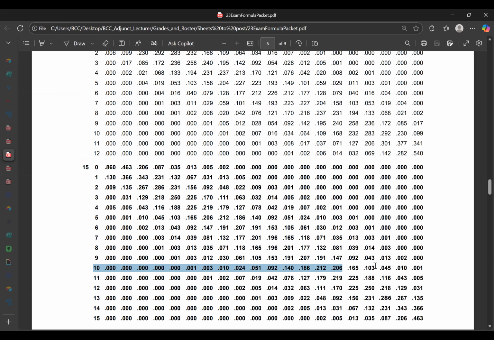Table 2, and you go to 10, because that's what's given in the question. That's what they want to know. Across to 75 equals 0.165, correct? That's it. Okay, my bad.